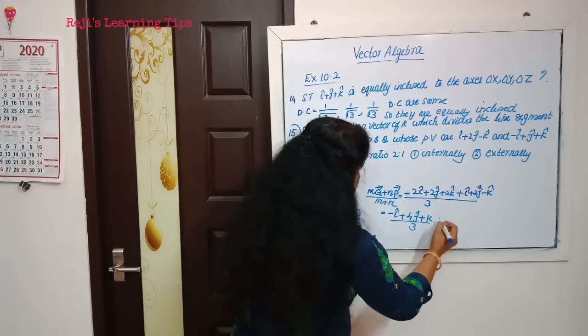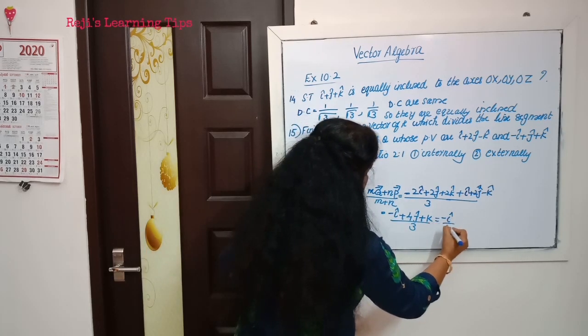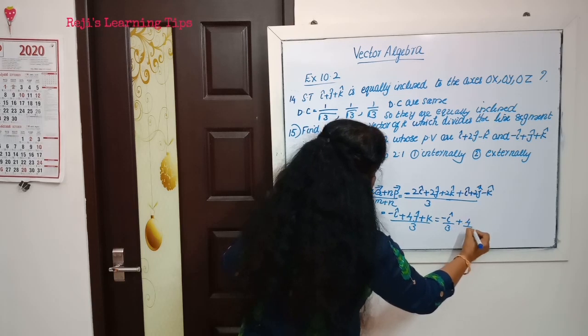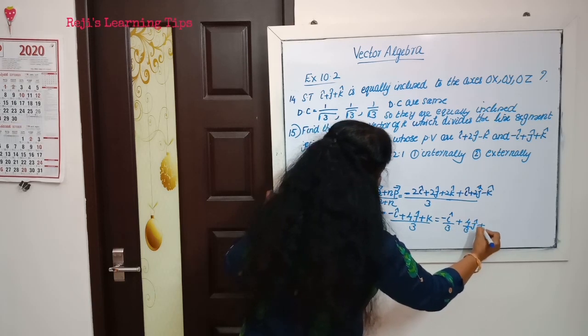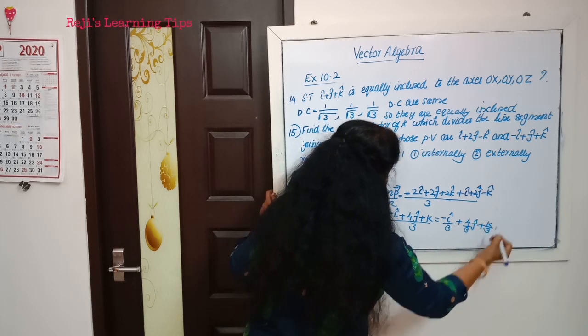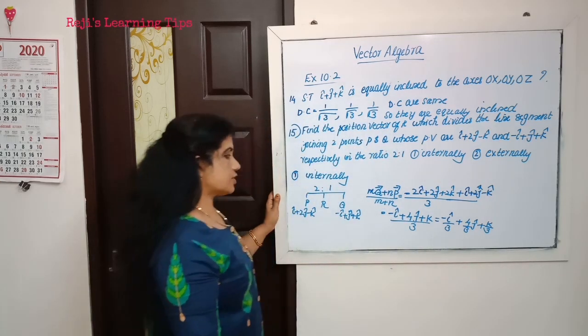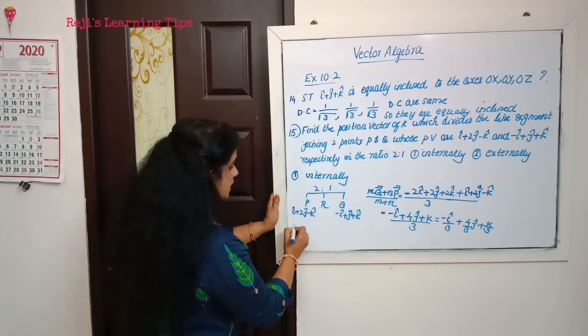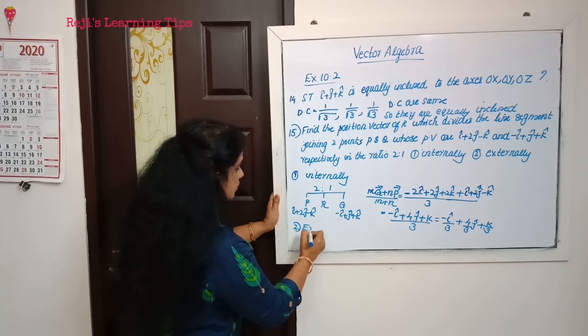We can write this as minus i by 3 plus 4 by 3 j plus k by 3. Okay. That was internally, then the next one is externally.